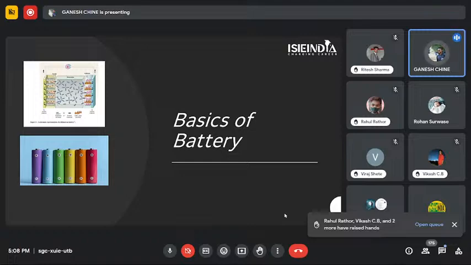another important component in battery is the enclosure. We have various form factors in batteries, such as cylindrical cell, pouch cell, and prismatic cell. While designing the cell, we require the enclosure.